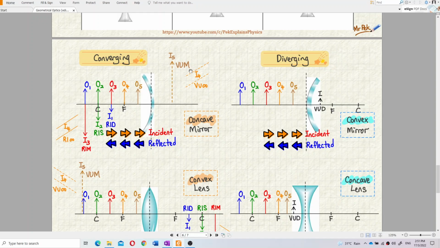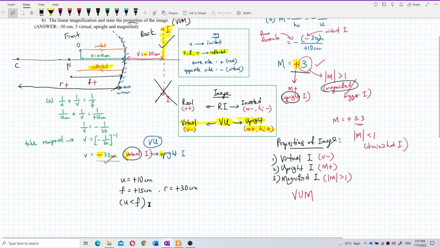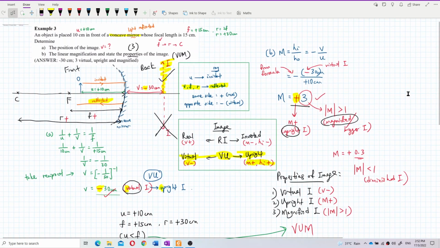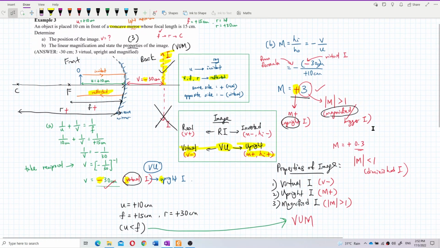Virtual upright magnified. So object 5 is over here, U less than focal length. When U is less than focal length, indeed it produces a virtual upright magnified image, which tallies with our whole calculation here.